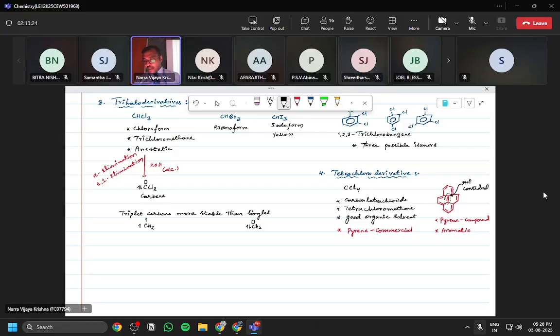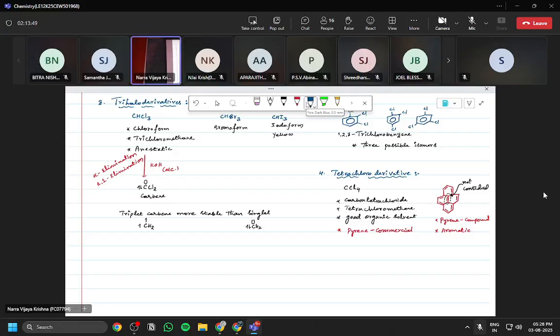So whether that pi bond exists or not, even if that pi bond is not there, then also it is an aromatic compound. Obeys Huckel's pi electron rule. Clear? Any other they have given? CCl4, good solvent, carbon tetrachloride. Any other? Do they mention anything about CCl4? That's all.